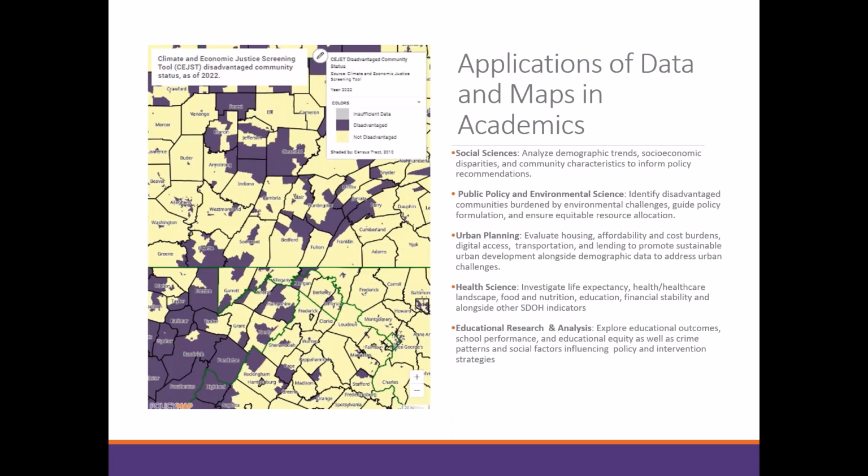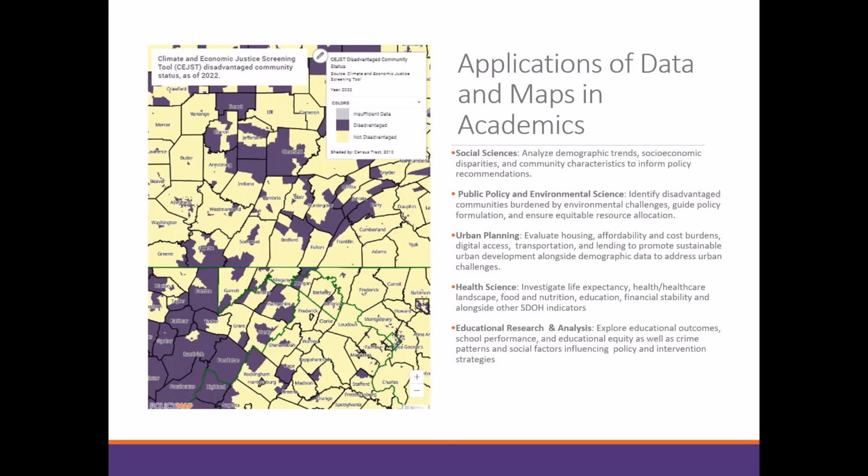We're also a tool used in public policy and environmental science. Our tool allows the user to identify disadvantaged communities, figure out where communities are burdened by environmental challenges, and the data will help guide policy formulation and allow them to make decisions about equitable resource allocation.